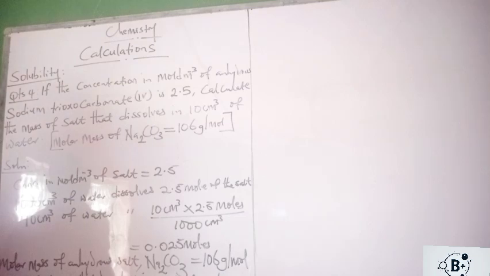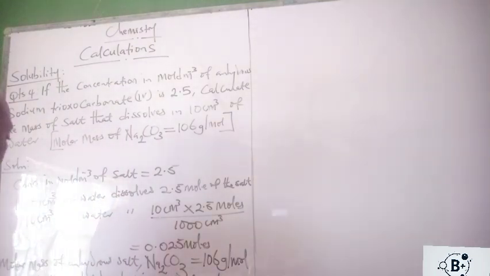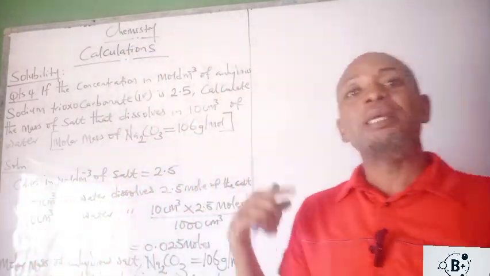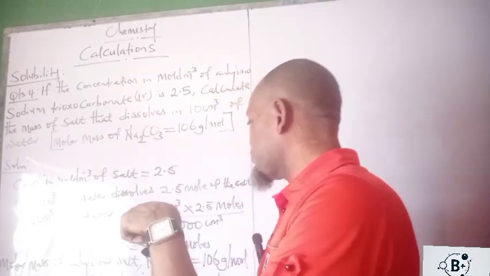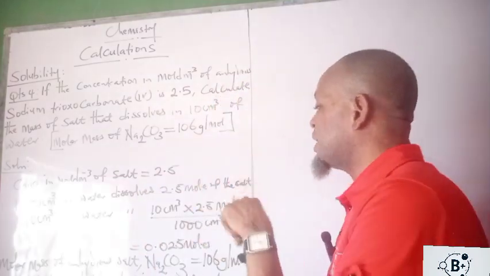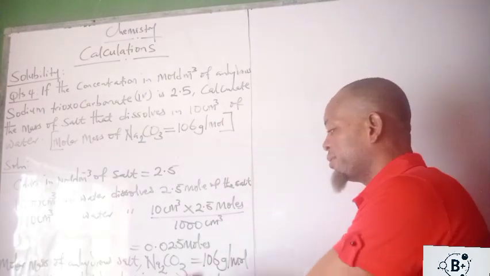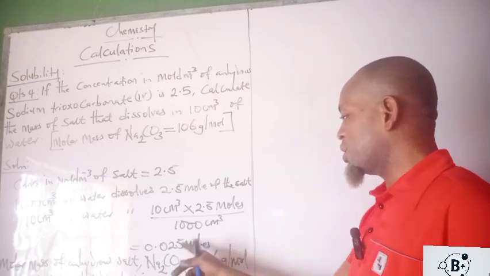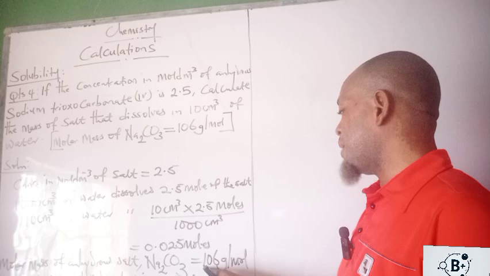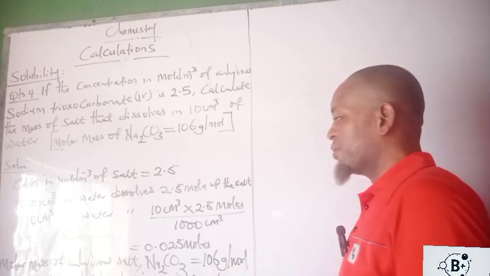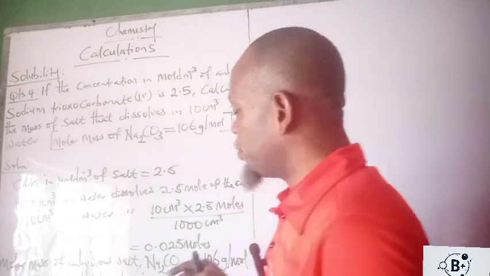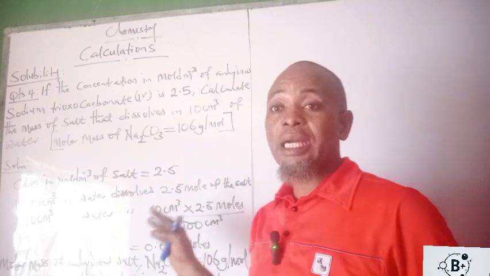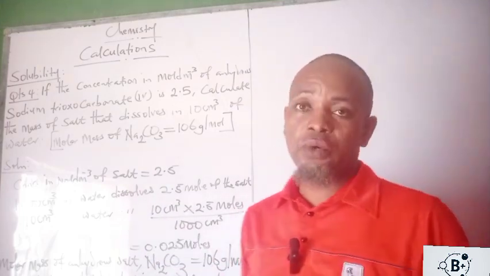Now the mass of the sodium trioxocarbonate(IV) that dissolves in 10 cm cube of water will be the molar mass multiplied by the concentration. So when we say 0.025, which is the answer we got here, times the molar mass, it gives us 2.65 grams. So this is the 2.65 grams that dissolves in that 10 cm cube of water.